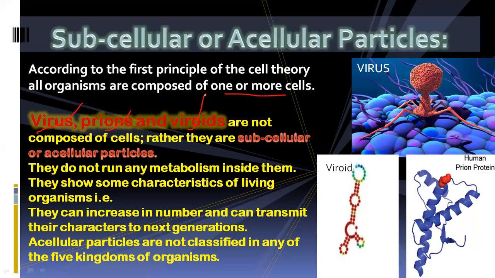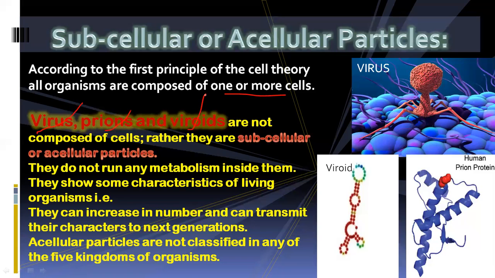Maybe you have heard the name virus. Virus is singular, viruses is plural. You have studied this in chapter number 3 as well. They are not considered living organisms, and they do not participate in any of the five kingdoms. What are the five kingdoms?